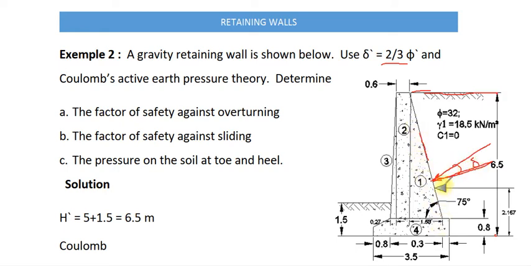First we draw a line perpendicular to the wall, then the resultant is tilted by an angle delta.